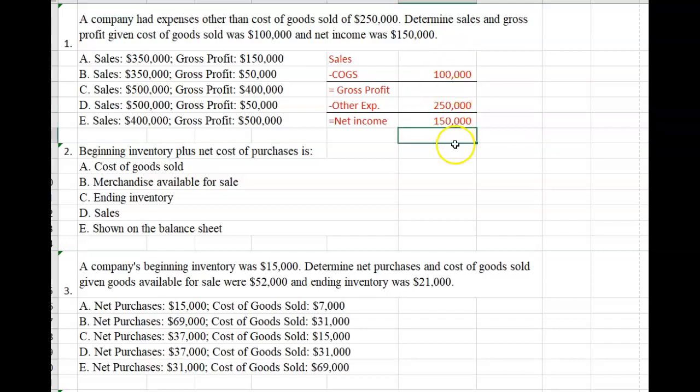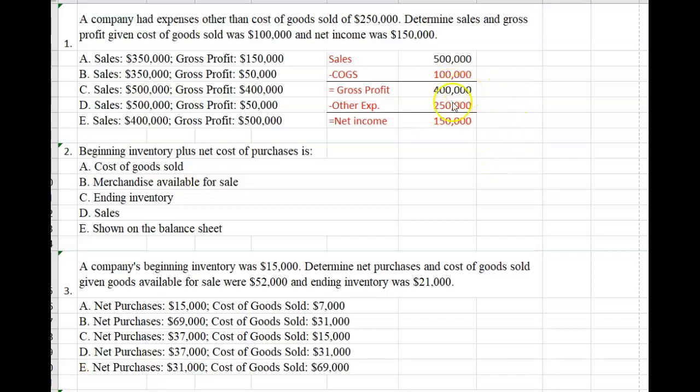So given these pieces of information and this formula, you can work backwards to solve gross profit, and then you can work backwards again to solve sales. So 150 plus 250 equals 400,000 of gross profit.